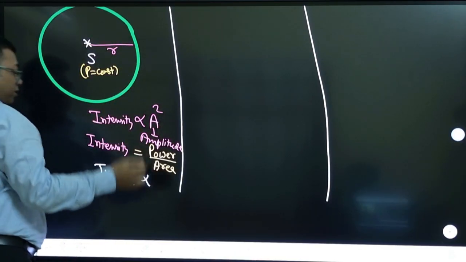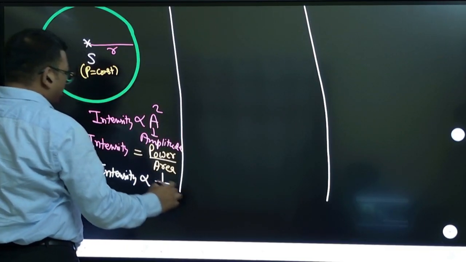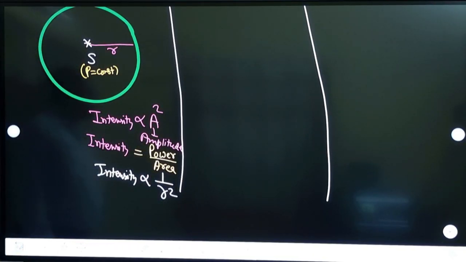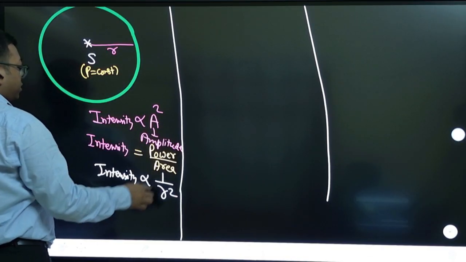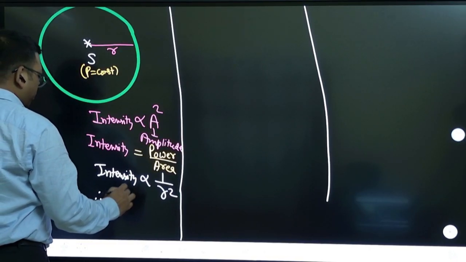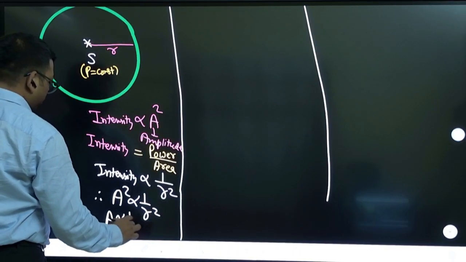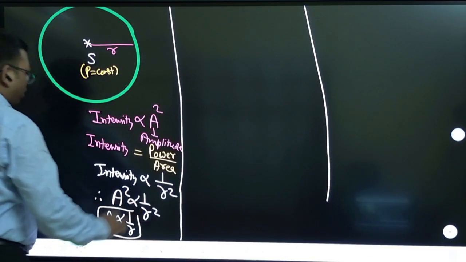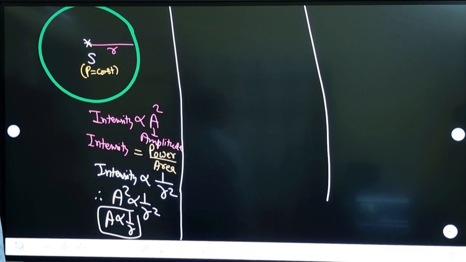The area of this sphere is 4 pi r square, so it is inversely proportional to r square because 4 pi is constant. So intensity is proportional to A square, and intensity is also proportional to 1 by r square. So A square is proportional to 1 by r square, or A is proportional to 1 by r. This is all about the spherical wavefront, so you should note this point.